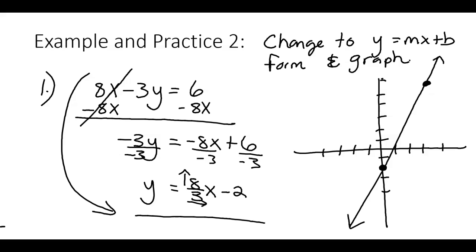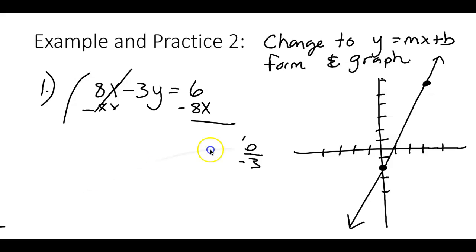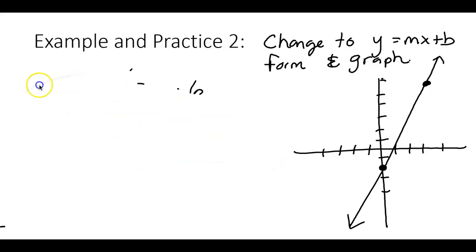Let's do another example here. All right, let's say I have 5y minus 8x equals 15.